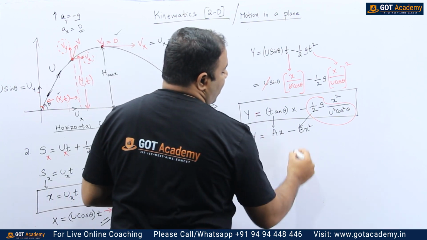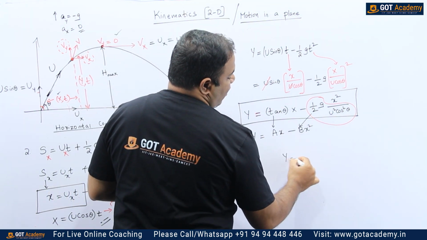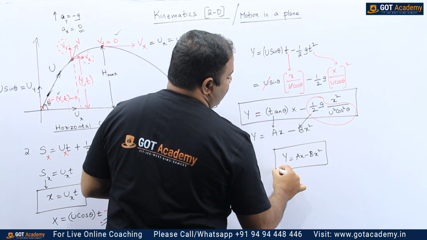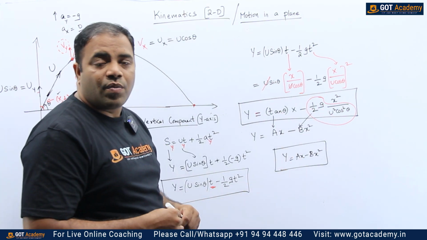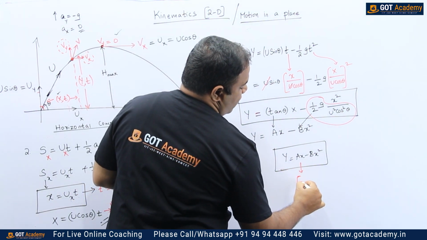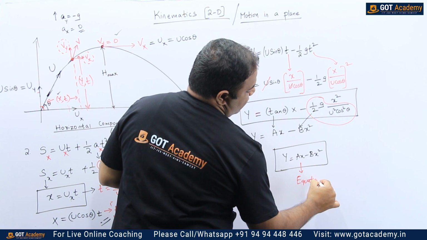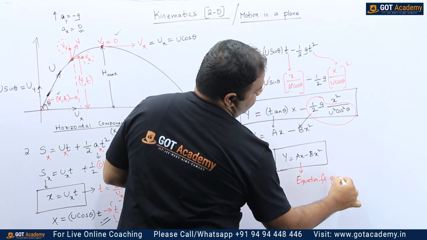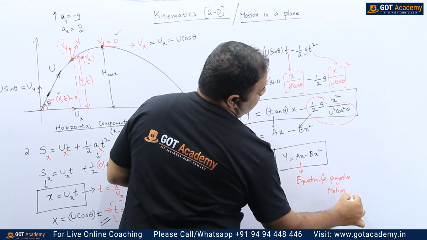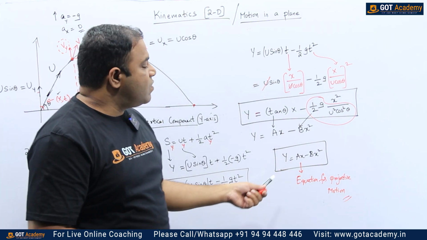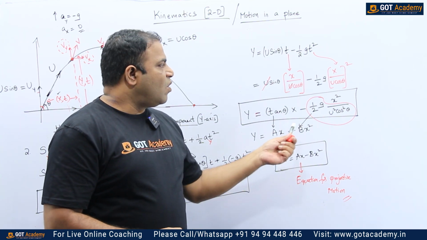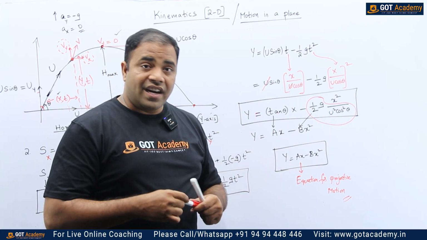Very important, my dear children. y is equal to ax minus bx square. This is the equation which represents projectile motion. This question you will get during entrance examinations. Is it clear? So have a note of everything, or better take a screenshot.